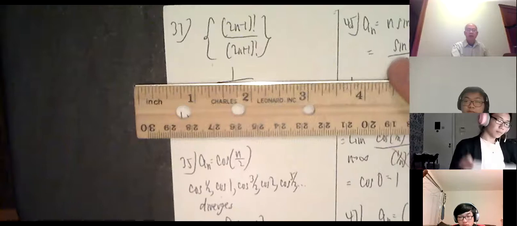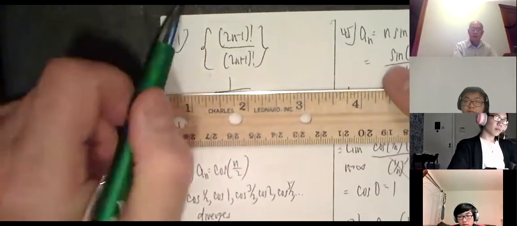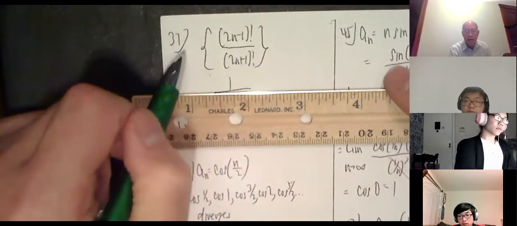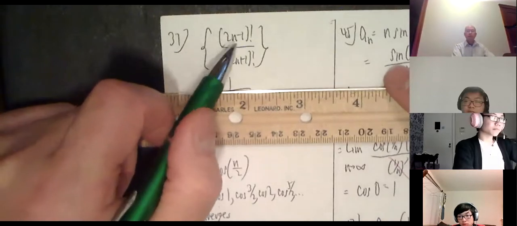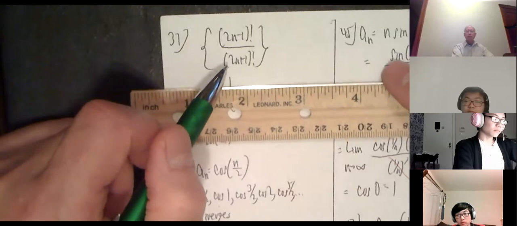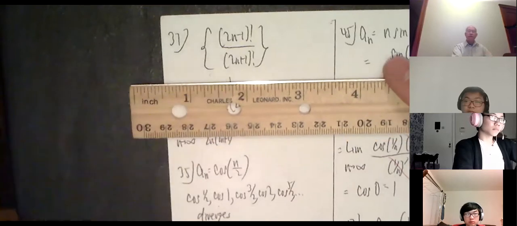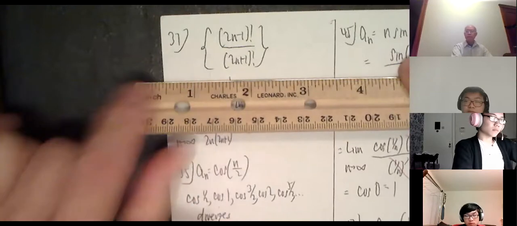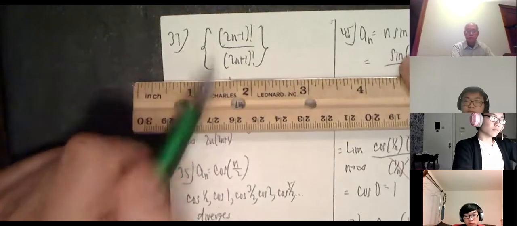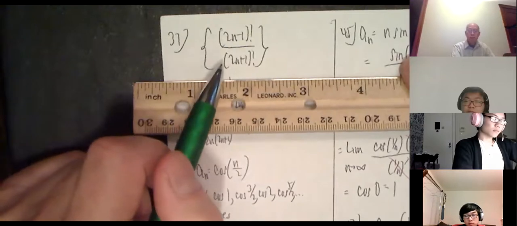Speaking of 37, just talked about that. When we write it like that, that's still a sub n equals blah, blah, blah, right? 2n minus 1 factorial over 2n plus 1 factorial. So which has more factors, the top or the bottom? And how many more? The bottom has more.